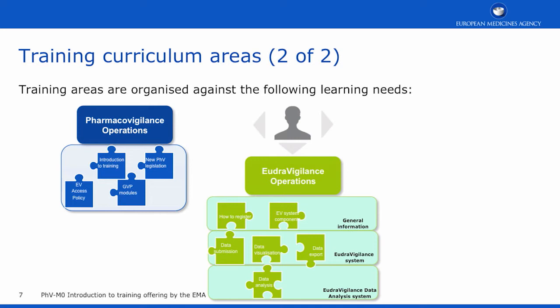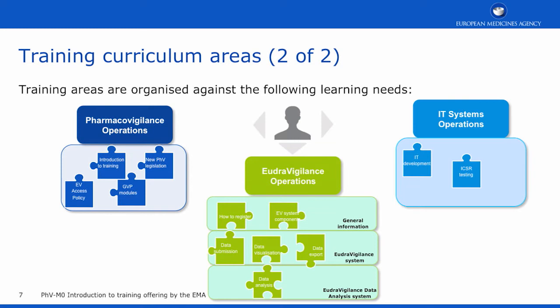And lastly, the EVDAS modules contain learning around the data analysis functionality. And for EVDAS in particular, we have prepared dedicated modules for NCAs and MAHs. And each of these EudraVigilance operations modules are also accompanied by dedicated user guides.